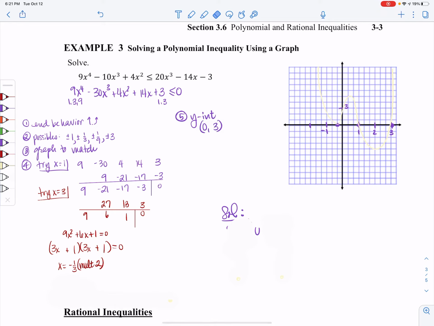My y-intercept is going to occur at (0, 3). So you'll notice that on my graph, I have my x equals negative 1/3, my x equals 1, and my x equals 3 all already on my graph, my 3 zeros. And it's actually 4 because one of them is a duplicate.